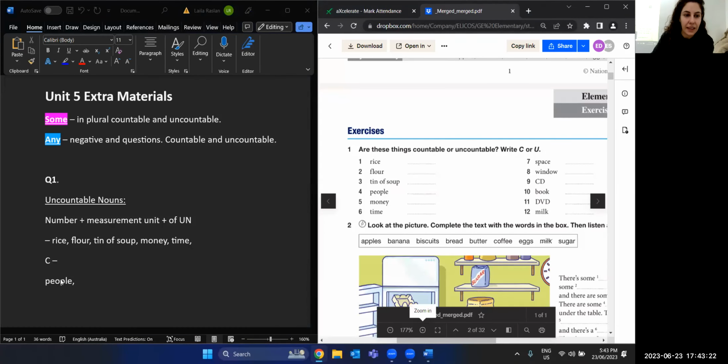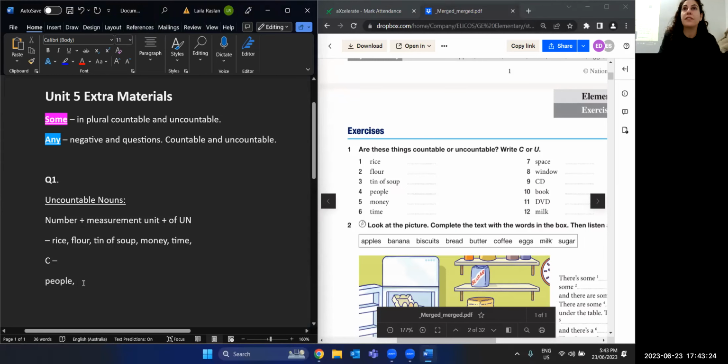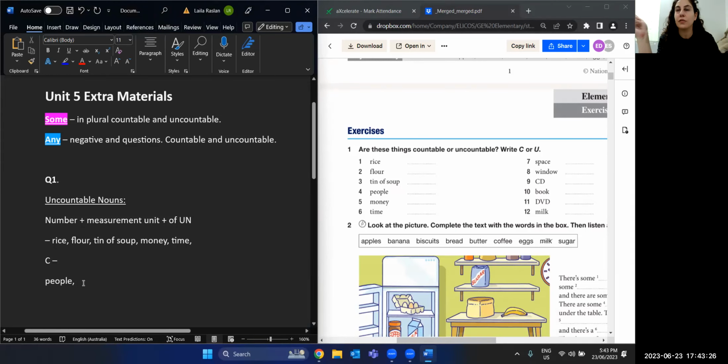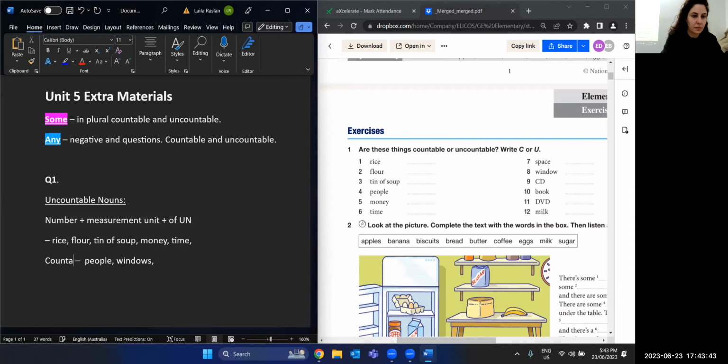Window, countable because we say 5. There's 1, 2, 3, 4, 5 windows in the room. So because I can count it and just say 5 windows, I don't have to say 5 milligrams of windows. No, it's 5 windows, 2 people. How about the next word, CDs?